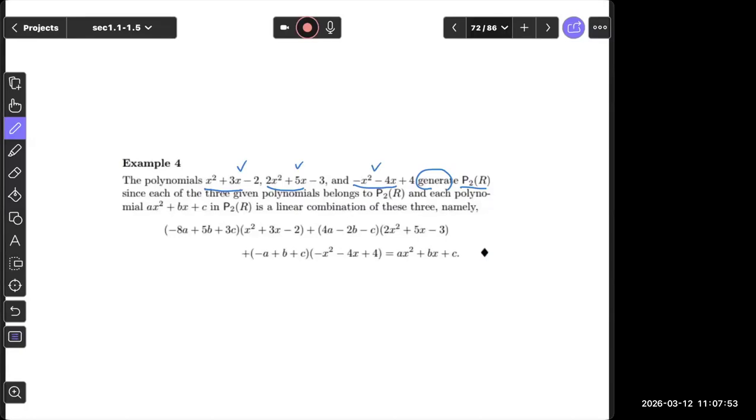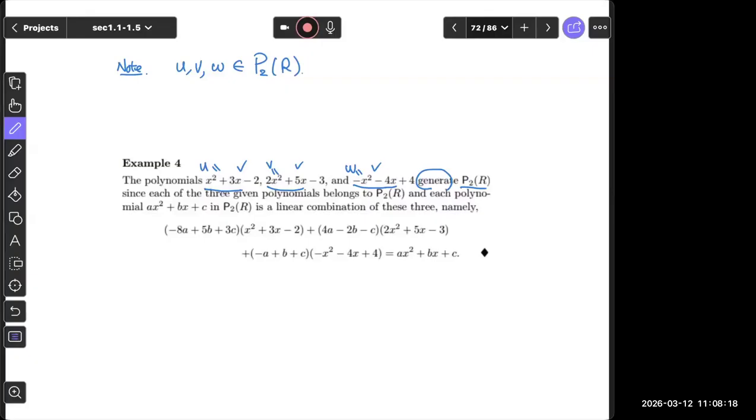Let me call the first one U, the second polynomial V, and the third one W. Then please note that these three polynomials U, V, W are chosen from this P2 space.